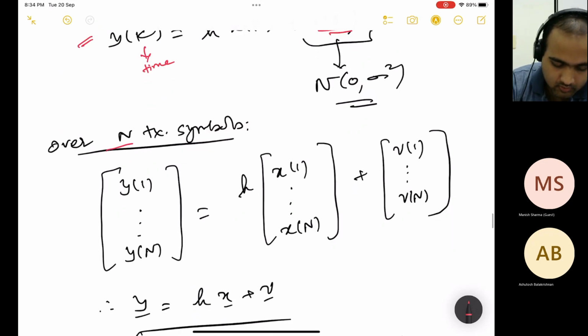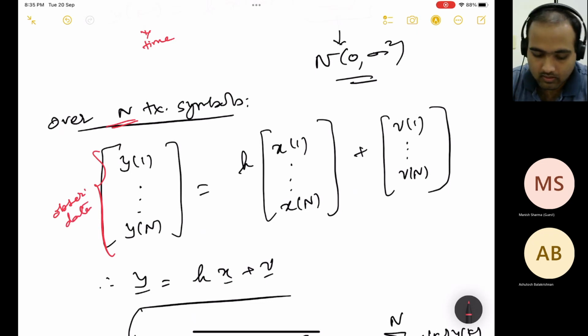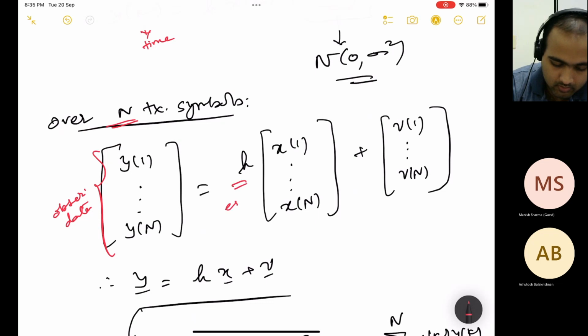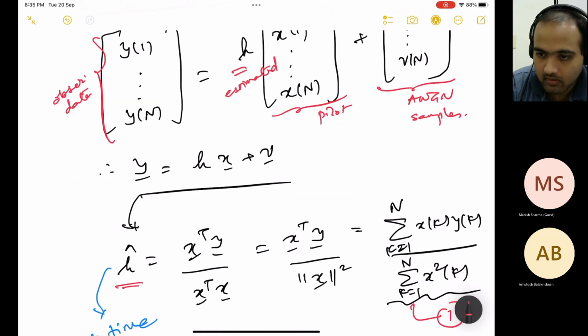For n symbols, and we have seen this many times, you have y1 to yn, which is my observation data, and h is my parameter which has to be estimated. x is my pilot symbols, and this is my noise samples. So this is represented as a vector y equals h times vector x plus vector v.